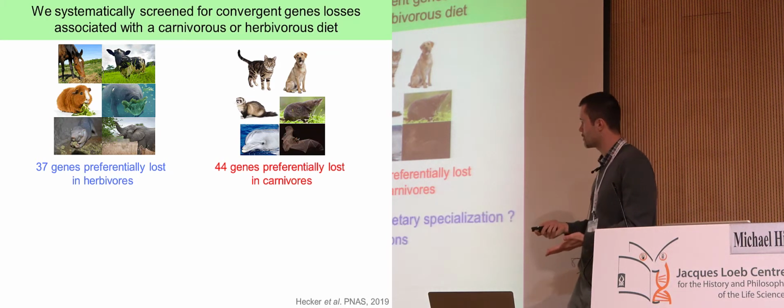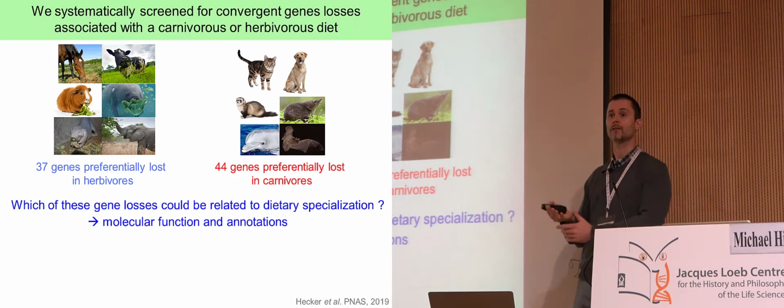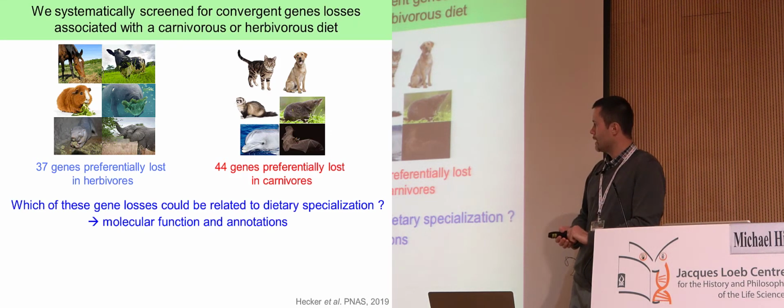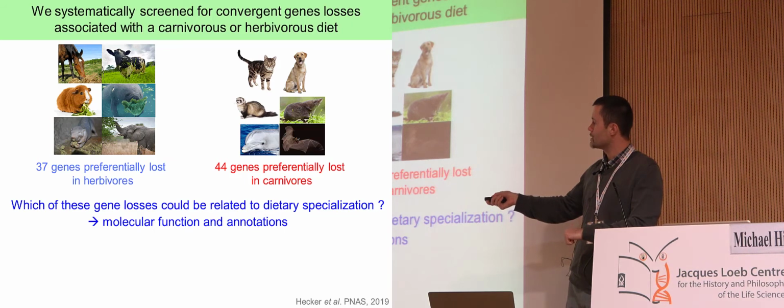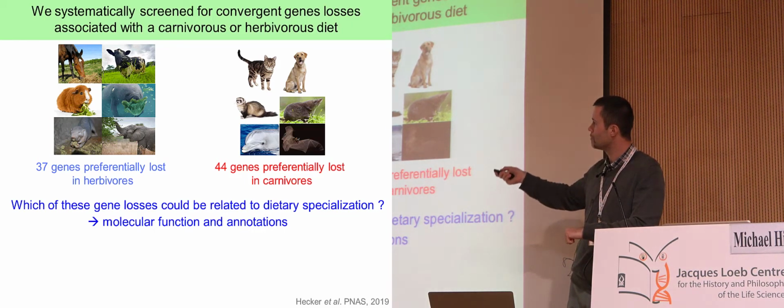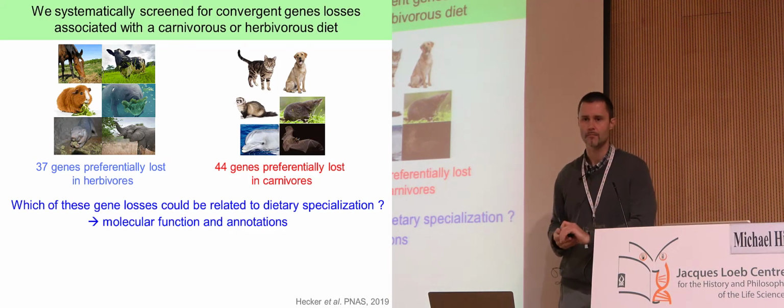And of course, the question is which of those could be relevant for dietary specialization. For example, when we look at molecular function and all the annotations we have of genes, the top gene preferentially lost in herbivores had something to do with oocyte activation, so reproduction.